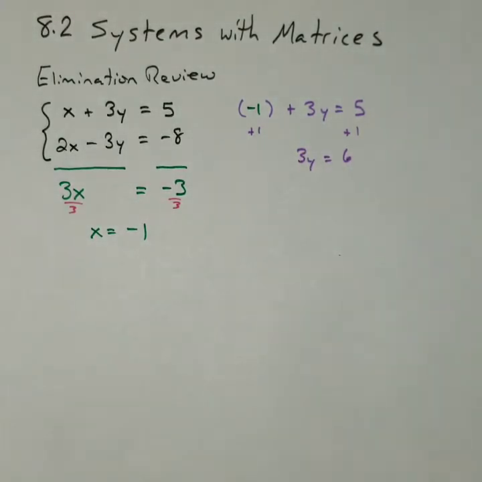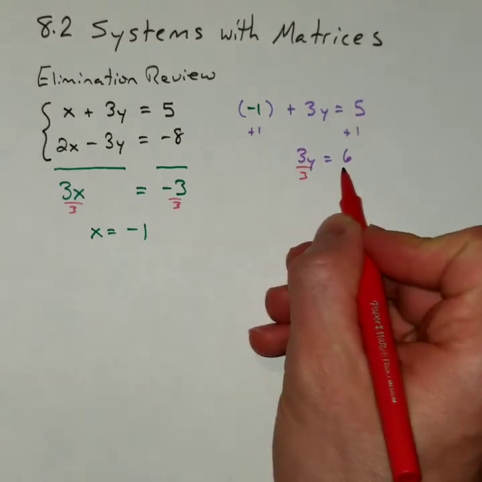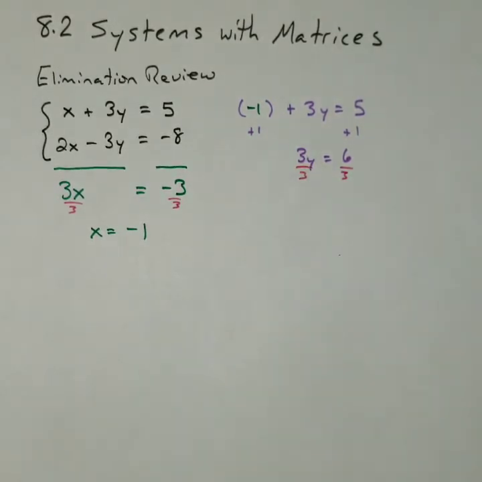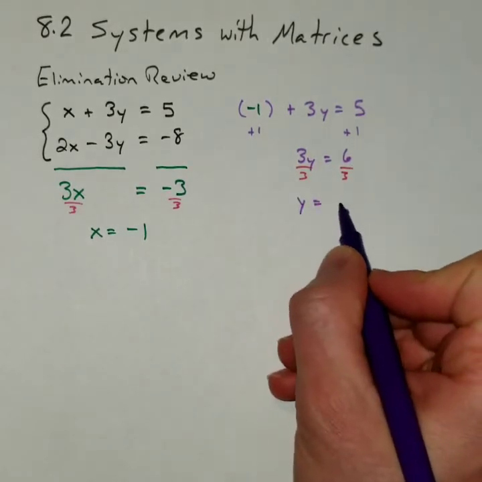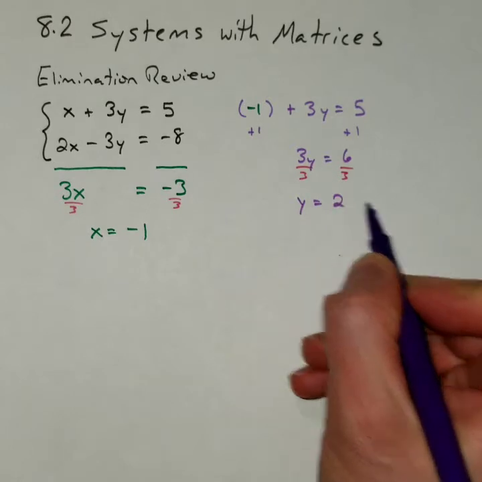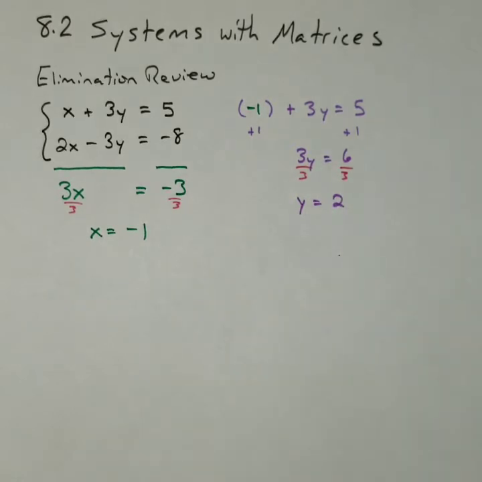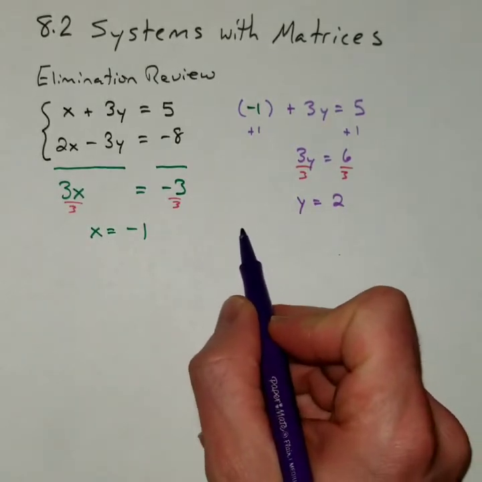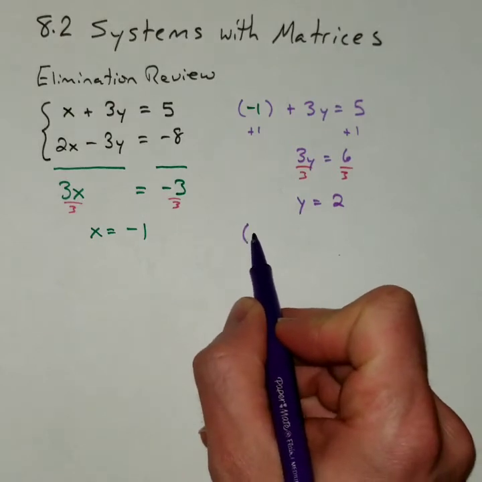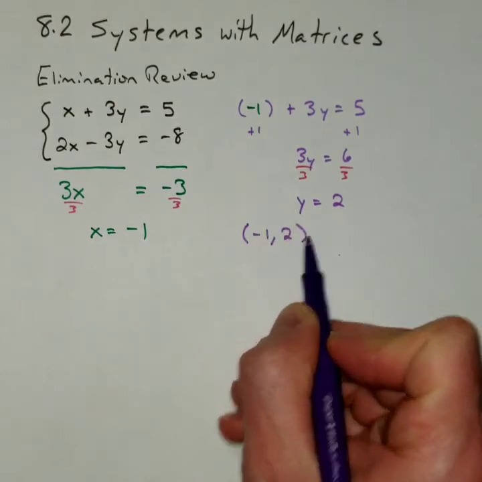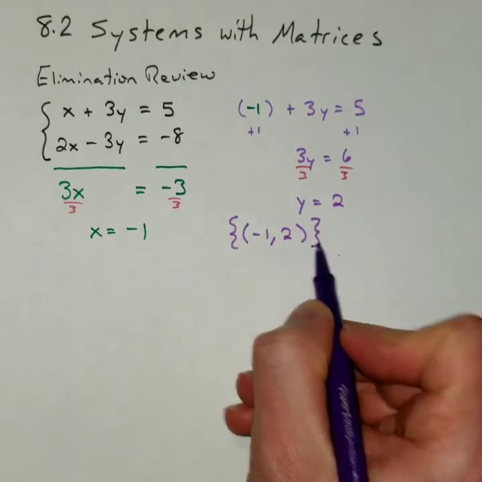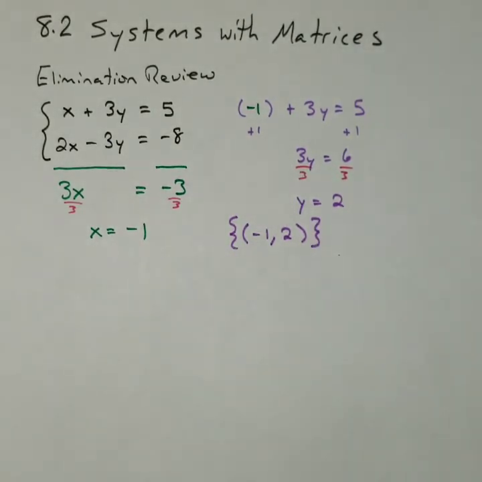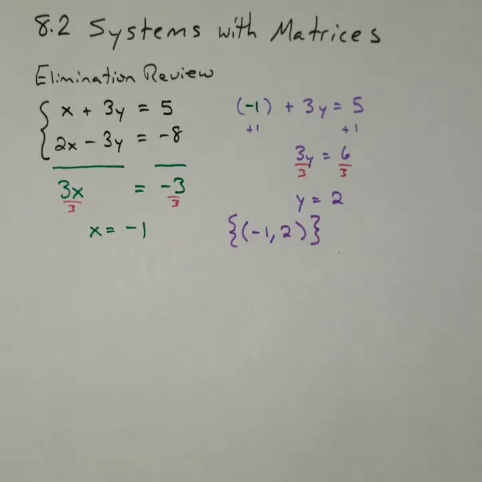Then we can divide out the 3 on both sides. And we get 6 over 3 is equal to 2. Right, so x equals -1, y equals 2, and of course our final solution needs to be the ordered pair in a solution set. Okay, so the answer we found, and this is consistent with what we had before, is (-1, 2).